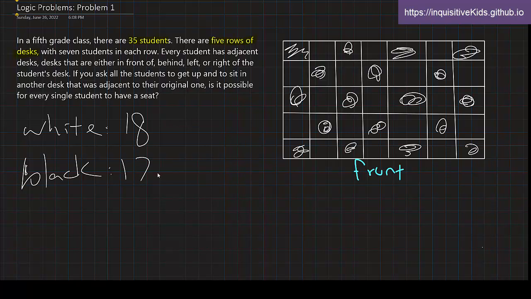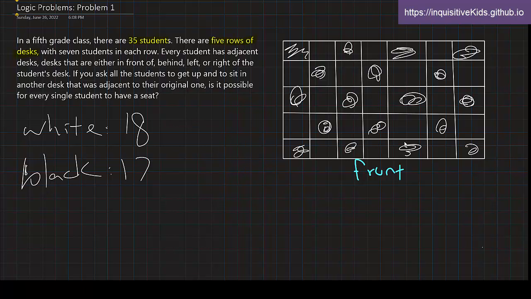And as you can see, if we look back at the definitions of adjacent desks, we see that if your original desk is black, then you have to move to a white desk. If your original desk is white, you have to move to a black desk. And every single one of these desks fit that situation.